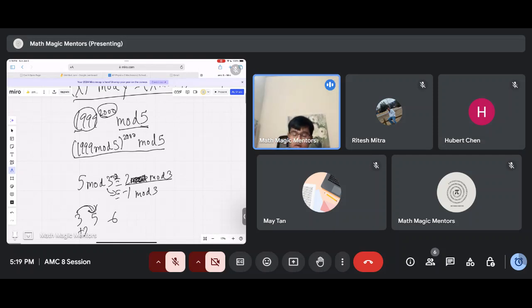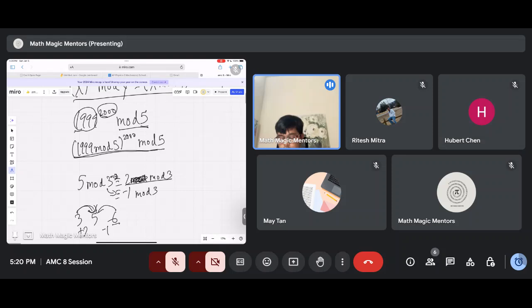But what you also have to realize is that this will make a lot of problems much easier: you can have negative ones, right? So 6 does divide by 3 perfectly, but the remainder from 6 to 5 is negative 1, right? Because you have 6 and you subtract 1 and then you get 5.